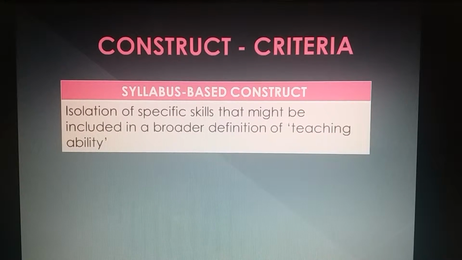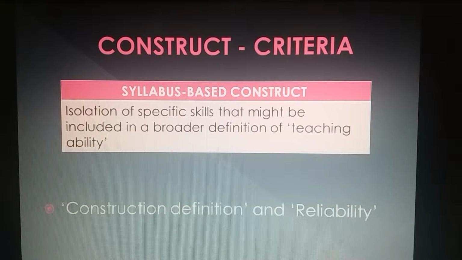And you can ask, what is the relation between construct and criteria? The constructs, which you can see across the syllabus, set the specifications for the assessment. If what we mean by construct is vague, or the constructs are not certain, the measurement cannot be reliable. That's why construct definition is a prerequisite step for reliability.